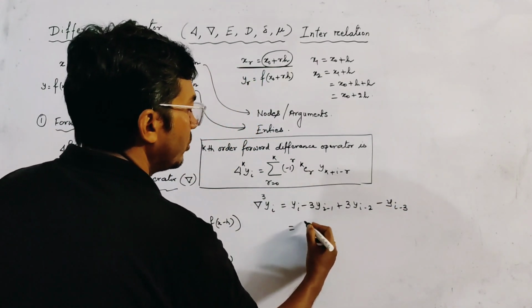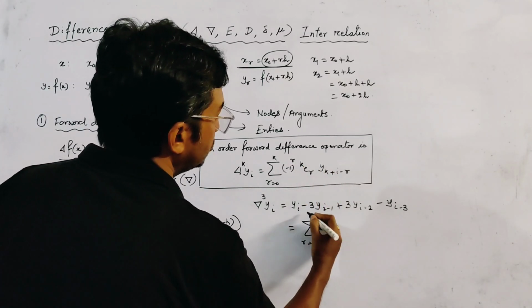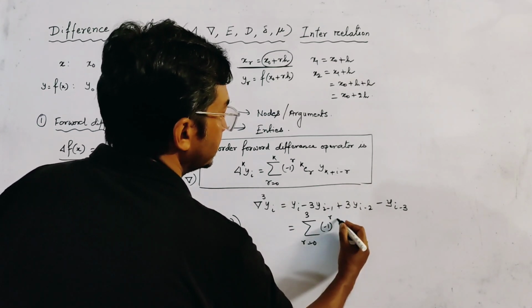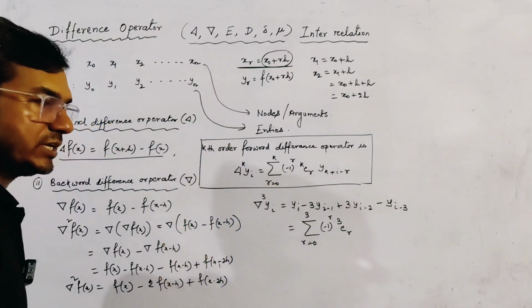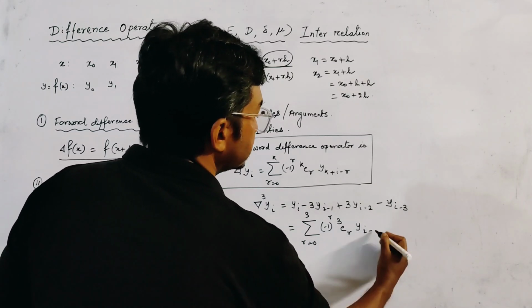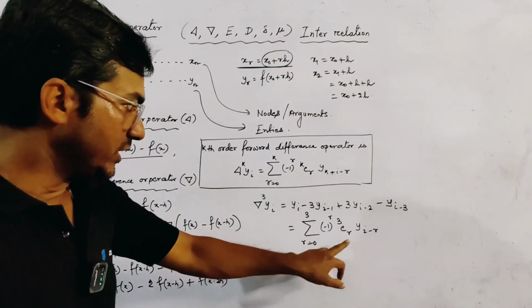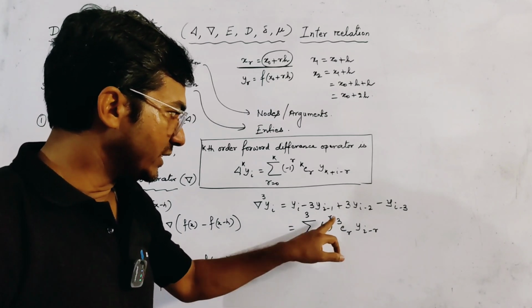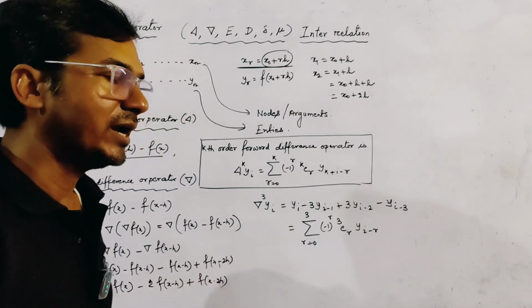In summation form we write this relation as the sum over r equal to 0 to 3 of minus 1 to the power r, 3cr, yi minus r. Because if we put r equal to 0, then we get yi minus 0. If we put r equal to 1, then this is minus 3c1 yi minus 1, and so on.